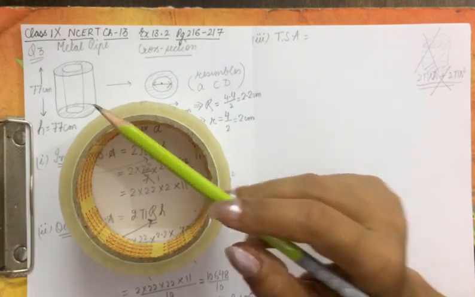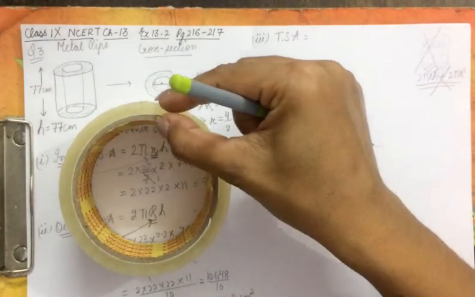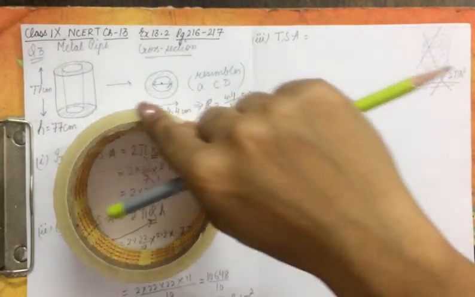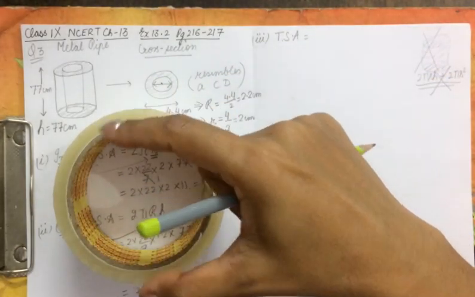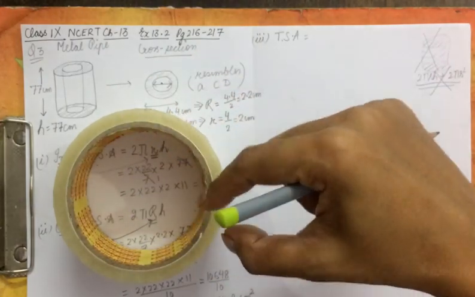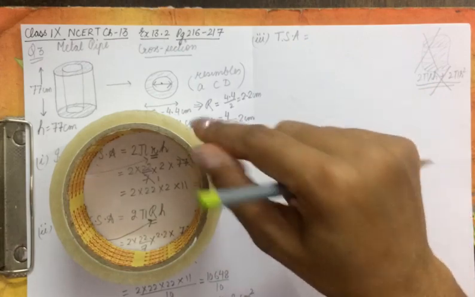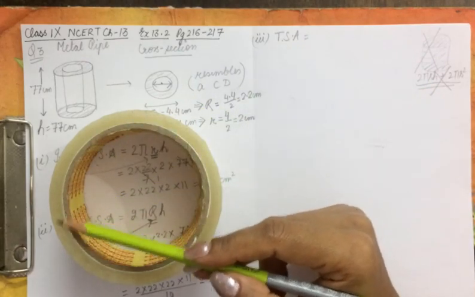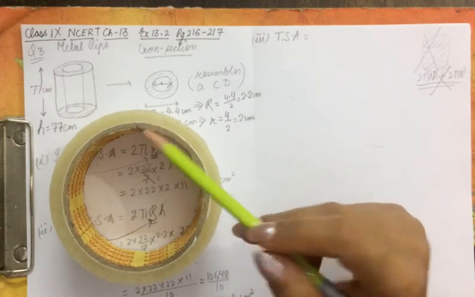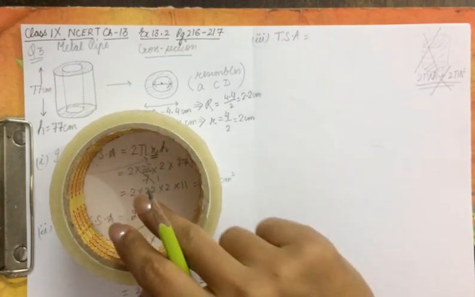And then the third thing I want to find out is this little surface, which is made up of a ring, a bigger circle, and there is a smaller circle. So the area that lies between the boundaries of these two circles, this surface on the top that you can see, this is what I need to find out. This will be on the top as well as on the bottom.